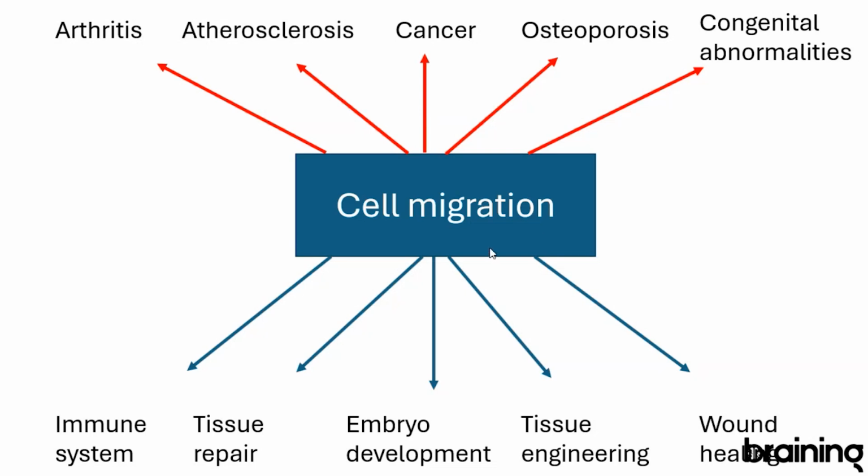But sometimes something goes wrong with the mechanism which regulates cell migration, and we get pathological states. I listed some of them here, like arthritis, atherosclerosis, osteoporosis, or congenital abnormalities. But the worst one, where the most focus is placed, is cancer, especially the process of metastasis, where the cells gain the ability to move from one part of the body to another and then grow.